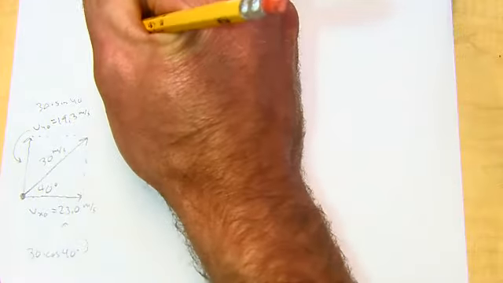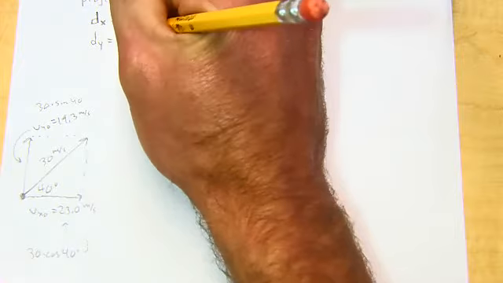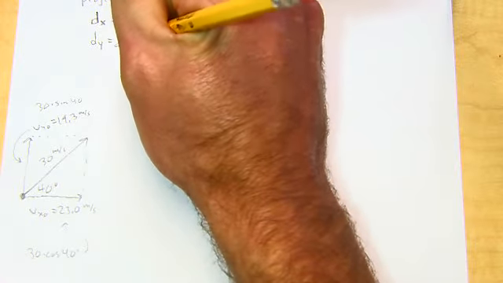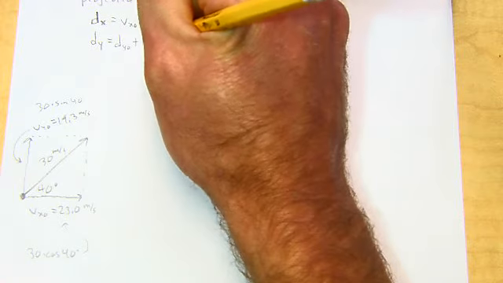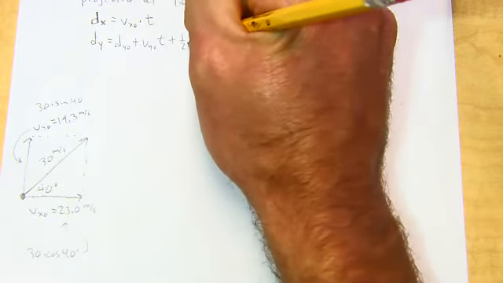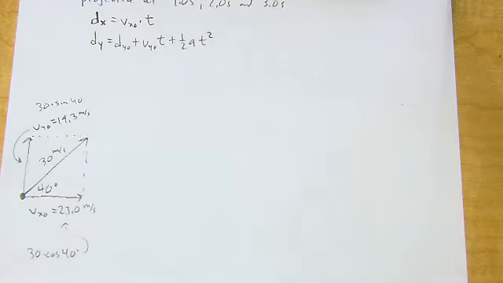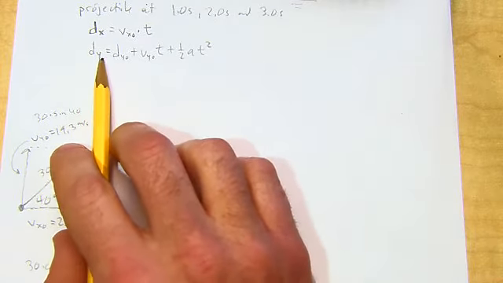dy is where it's accelerating, right? So that one's a little bit trickier. Okay, it actually looks familiar, hopefully, to the equation from chapter 1, except for them adding these y's in here.